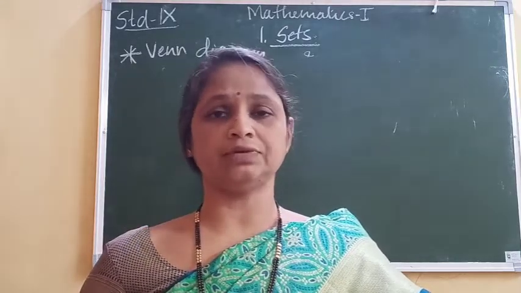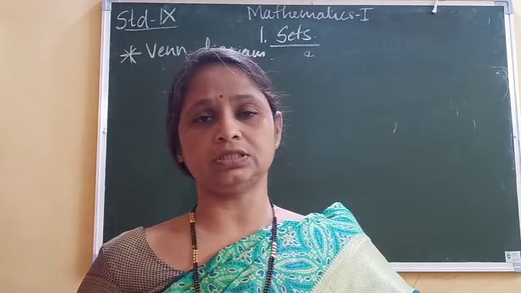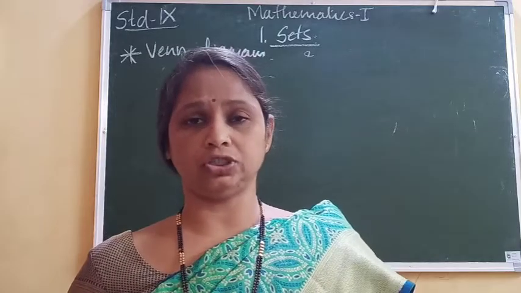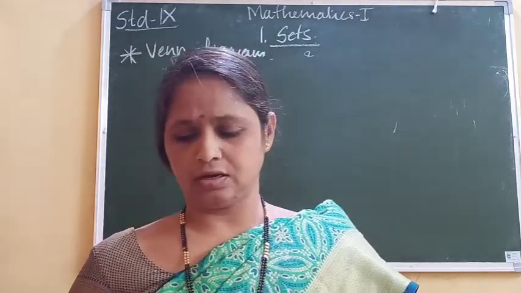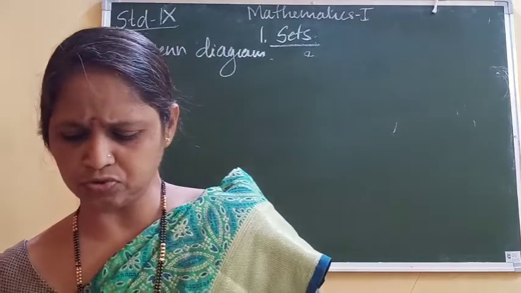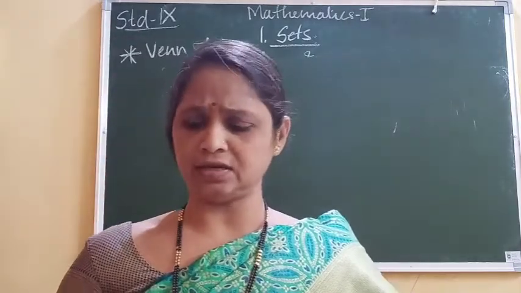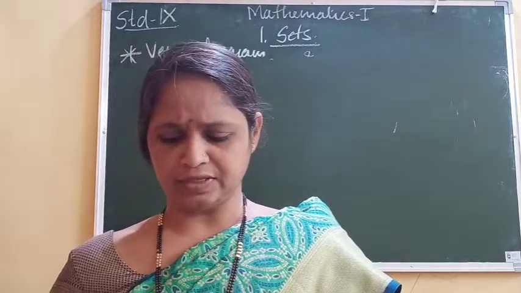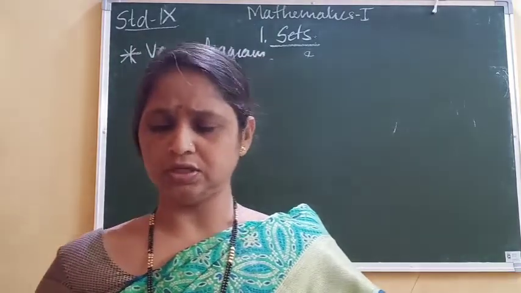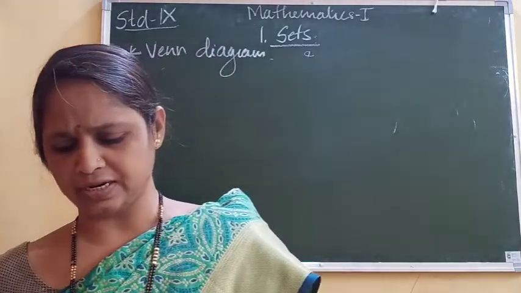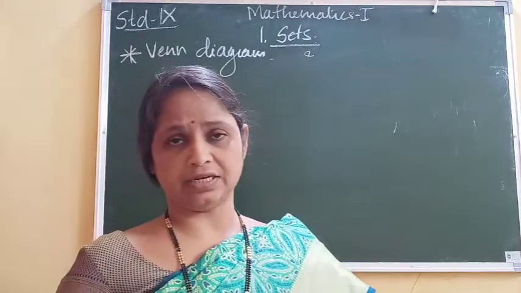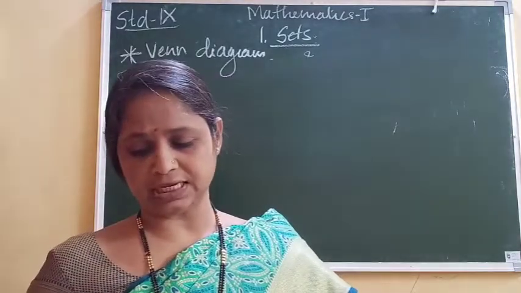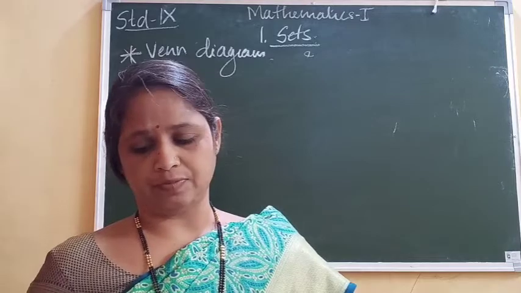The British logician Venn was the first to use closed figures to represent sets. Such representations are called Venn diagrams. Venn diagrams are very useful to understand the relationship between sets and to solve examples.